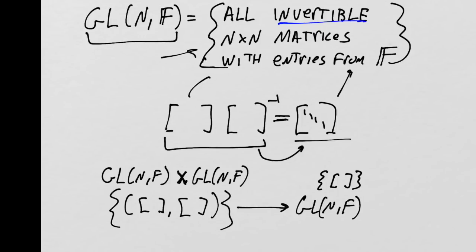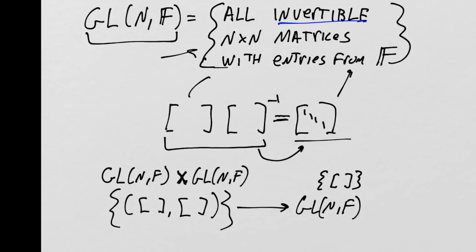And in a very, very formal way, you are really talking about mapping from this Cartesian product set into the original set. And that's this mapping that we're talking about here, the group operation mapping. So that's the general linear group as a group.